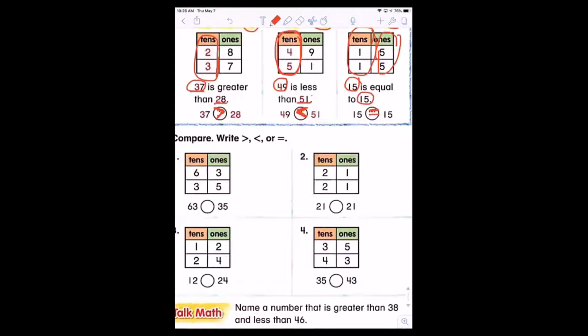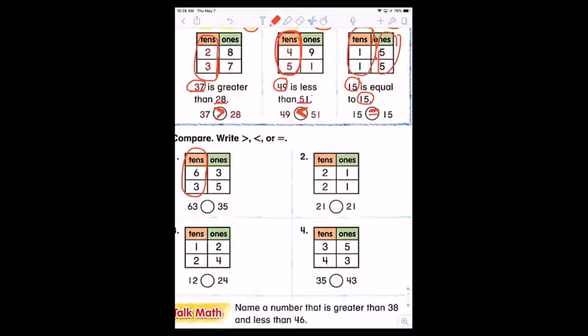It says compare, write greater than, less than, or equal to. Okay, so we look right here in our tens place. Okay, we have 6 groups of 10 and 3 groups of 10.